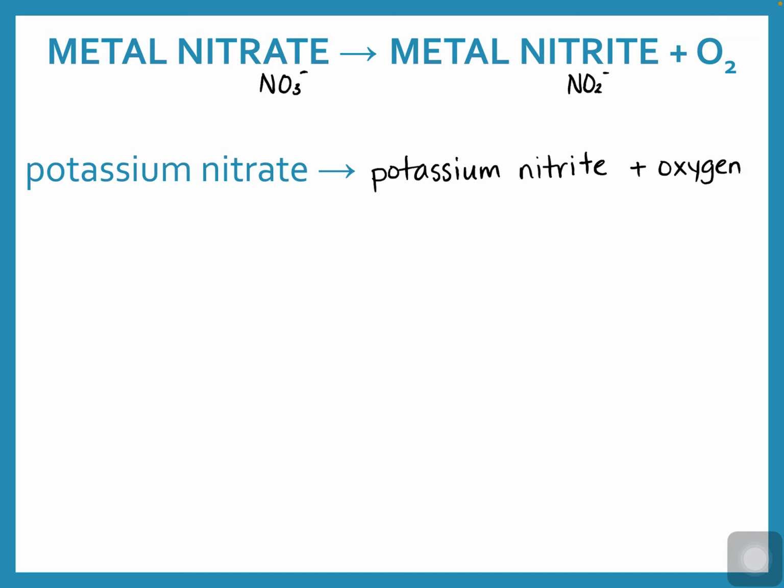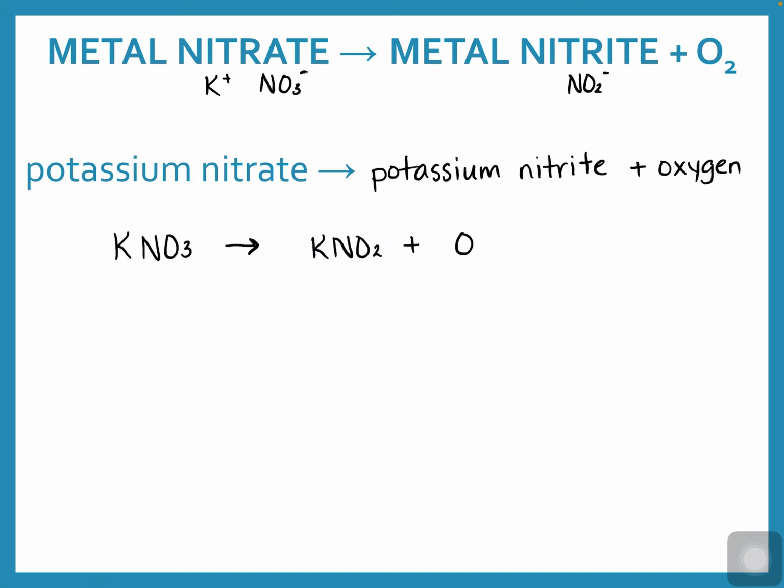So for equations, potassium is a 1 plus. So I have a K plus and an NO3 minus, so 1-to-1 ratio there. So KNO3 is potassium nitrate, and that is going to break down into potassium nitrite. Once again, K plus and then NO2 minus, so same 1-to-1 ratio, but NO2 this time.